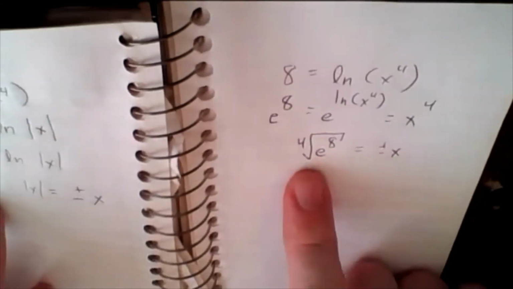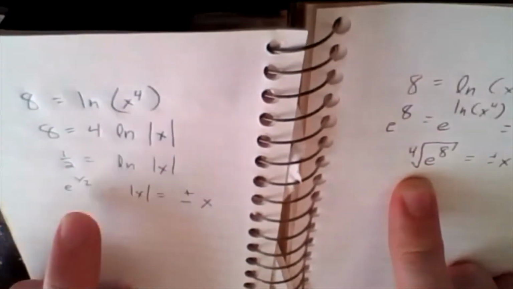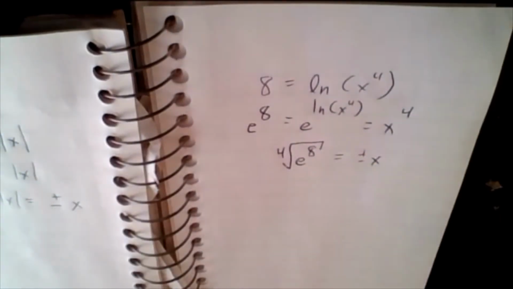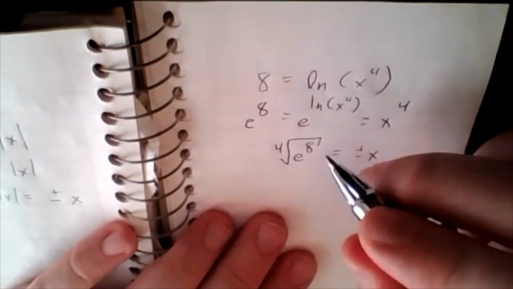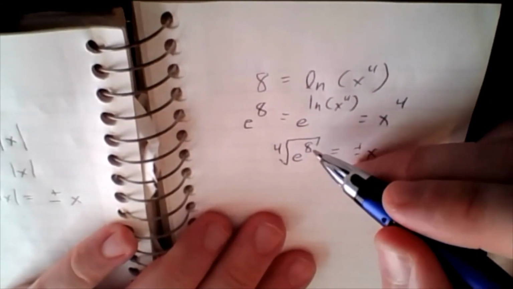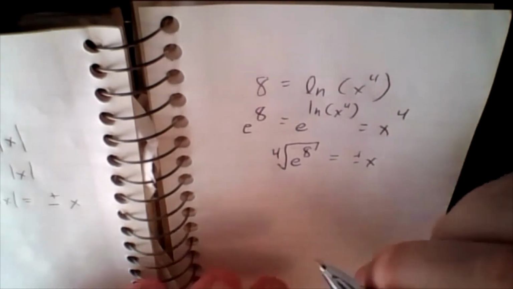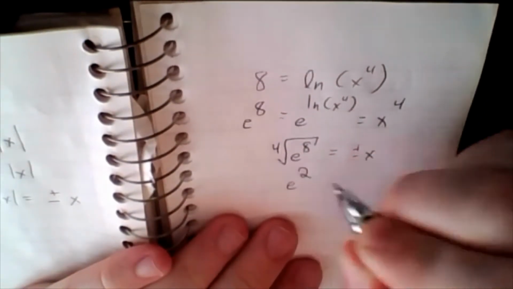Now, why are these two numbers the same number, e to the power 1/2, the fourth root of e to the power 8? Well, raising something to the 8th power and then taking the fourth root is going to give me e squared.